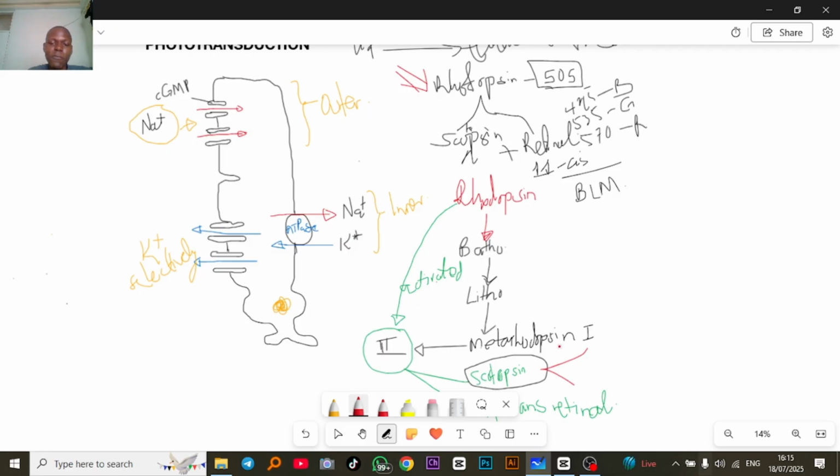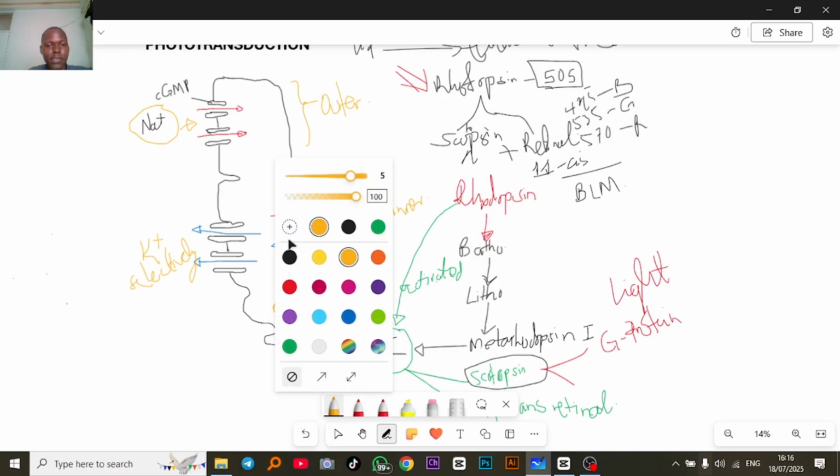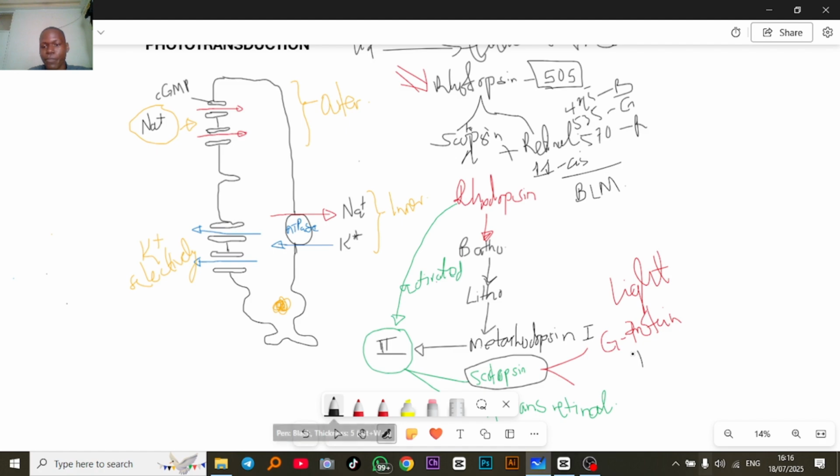However, when we have light coming in, it will reverse everything. So the effect of light is that you will have scotopsin activating a G protein. This G protein is known as transducin. That's a G protein.